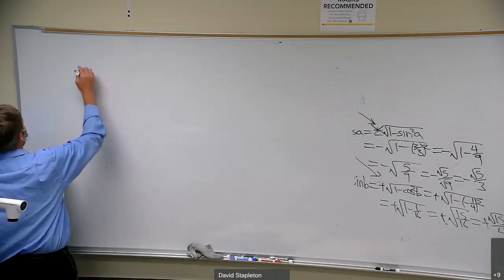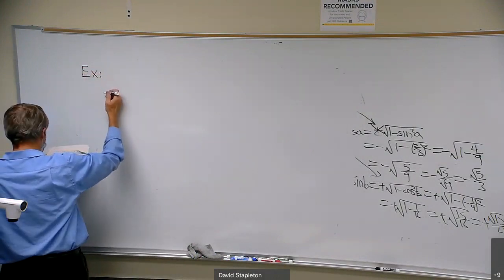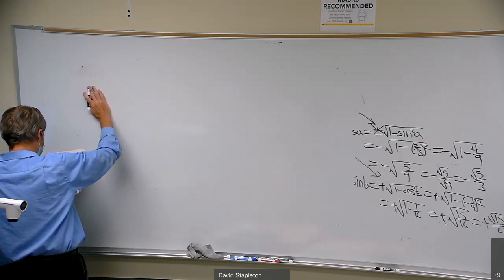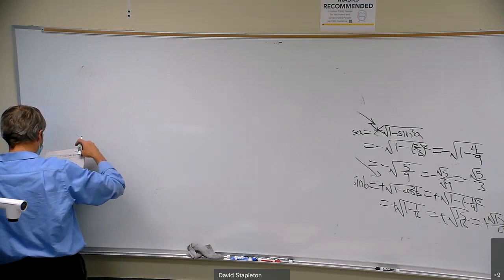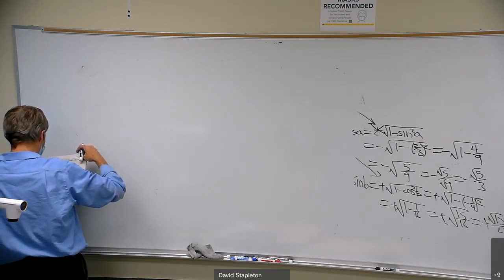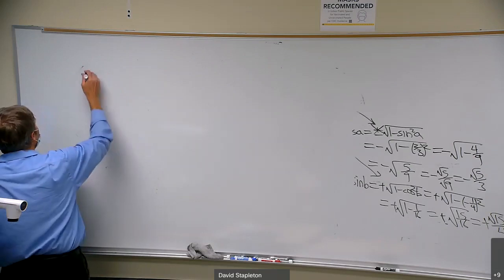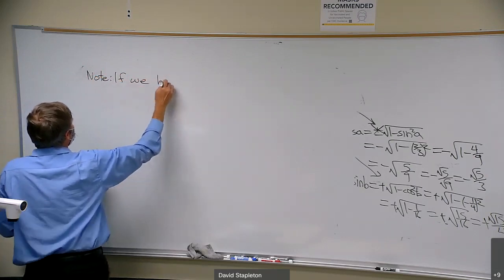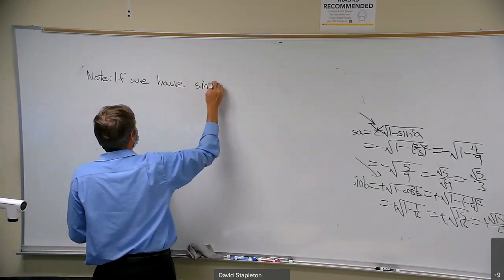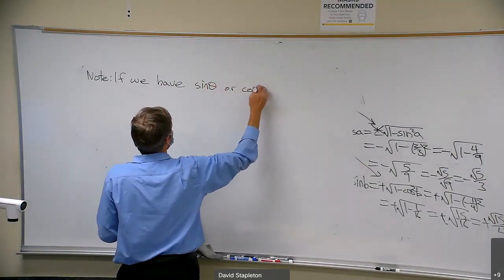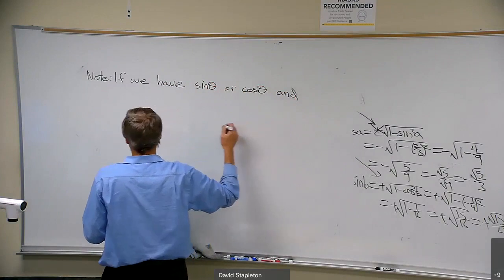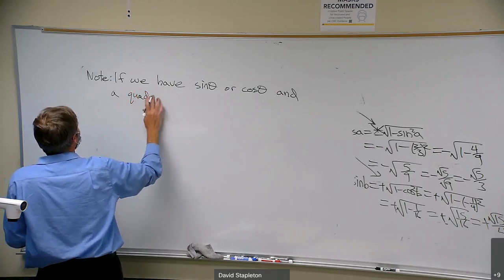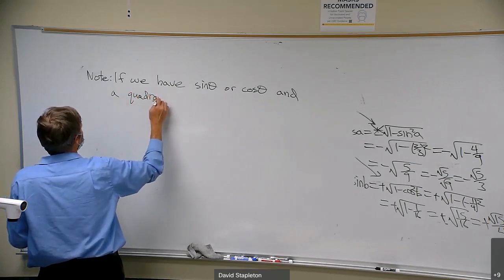Now, this is a classic problem with these. We'll make this note. We now know if we have a value for sine theta, cosine theta, and quadrant, we learned before we can find all 6 trig functions, right?